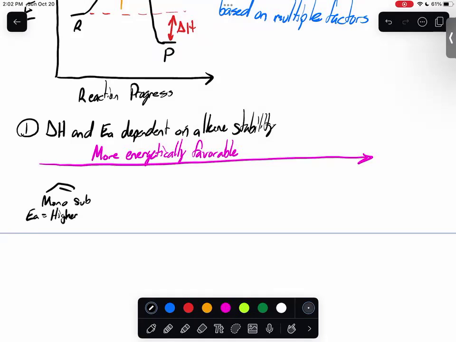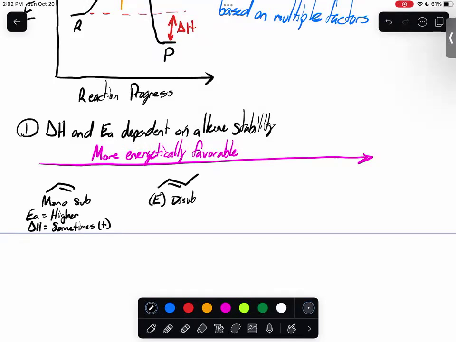And then our delta H is going to be sometimes positive, right?